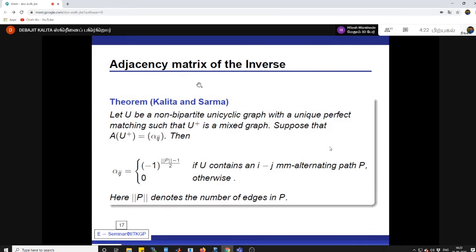It can be seen easily that whenever there is an alternating path between two vertices i and j, you cannot have more than one; it has to be unique. In the case of a non-bipartite unicyclic graph with unique perfect matching where U plus is a mixed graph, the adjacency matrix can be described by this.